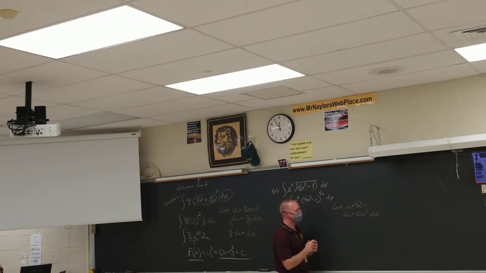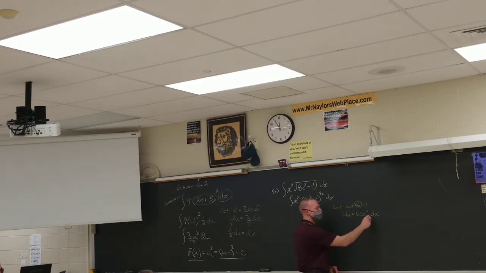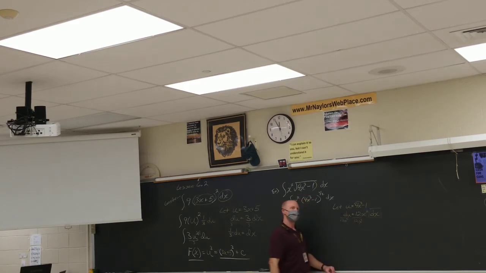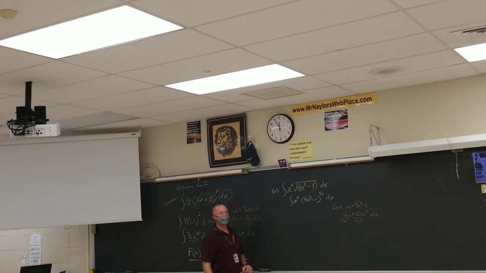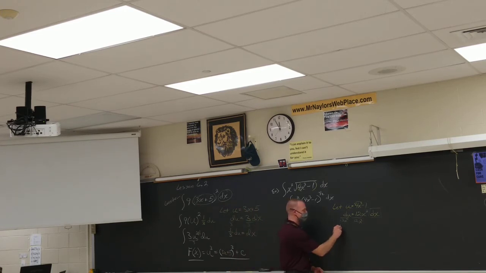But really, the reason you're doing that, as you're going to come to realize, is you want to solve for dx. You want a dx expression. So yep, you divide by 12x squared. I can write it a little nicer for you as 1/12 x squared.